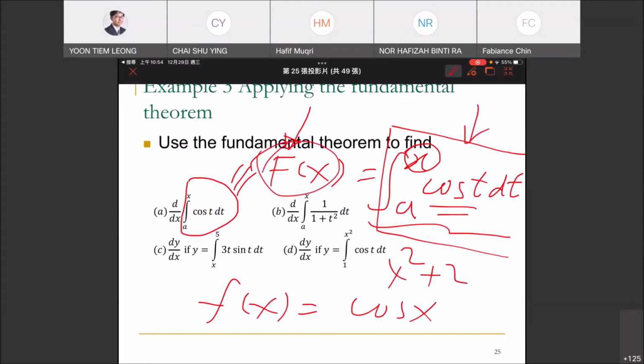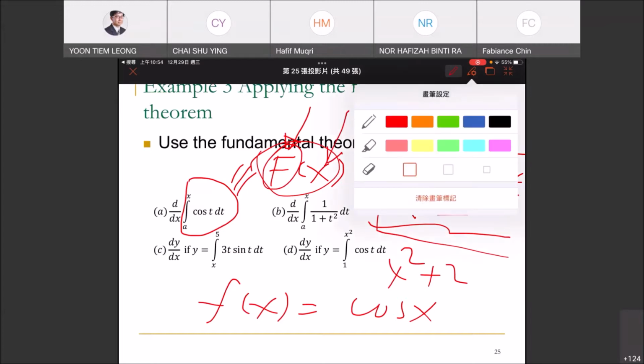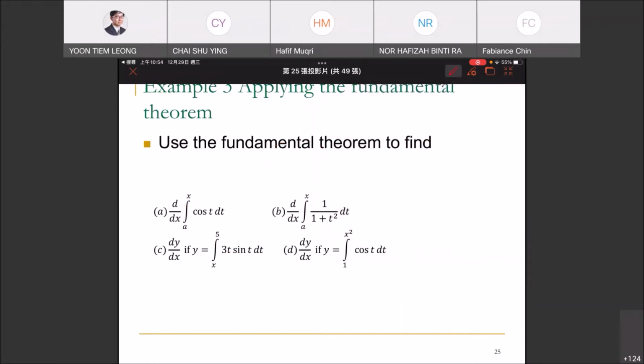So here the capital function depends on x, and when x changes, the values of capital function F change, then capital function F is a valid function. And it's a continuous function as well because cos t here is continuous.